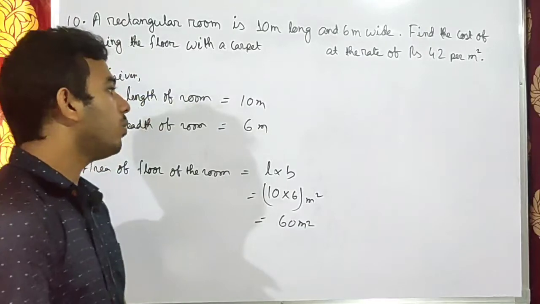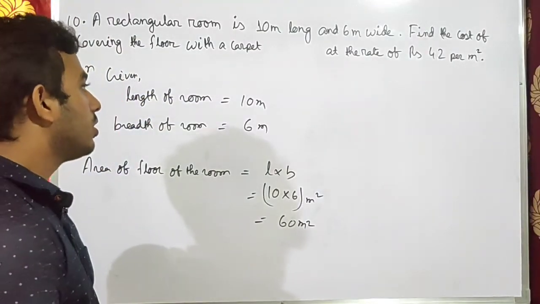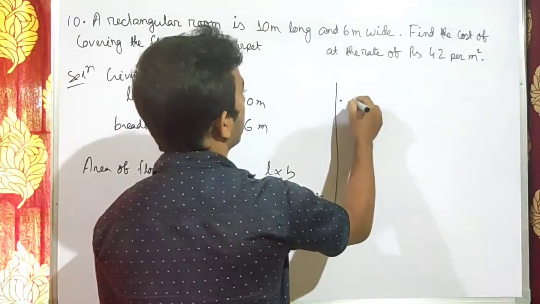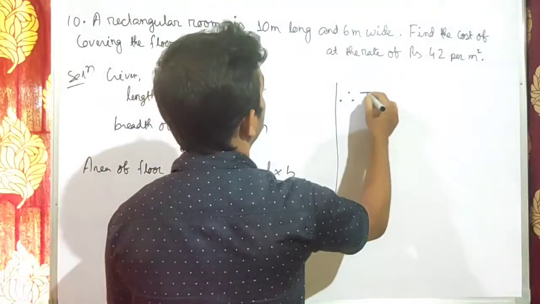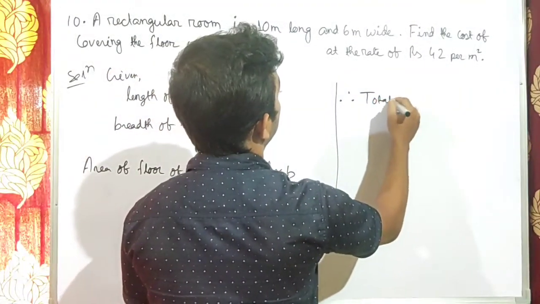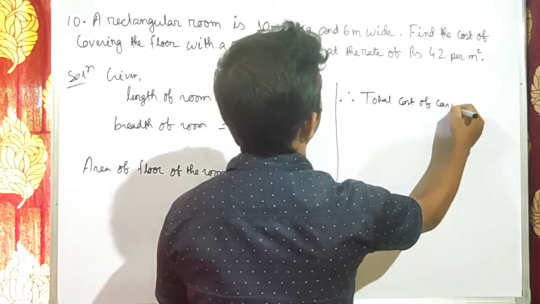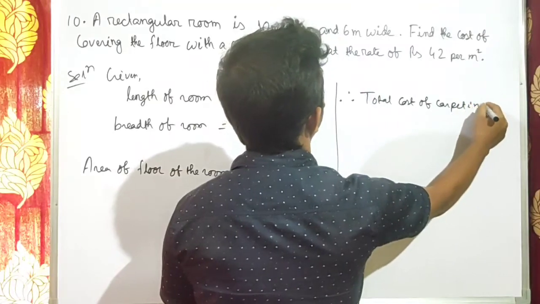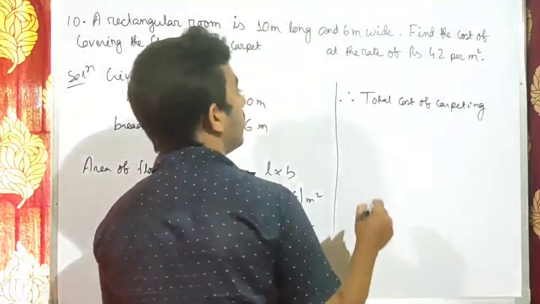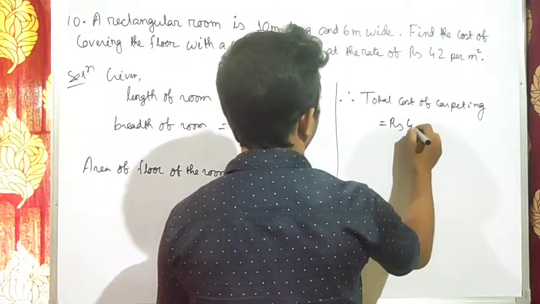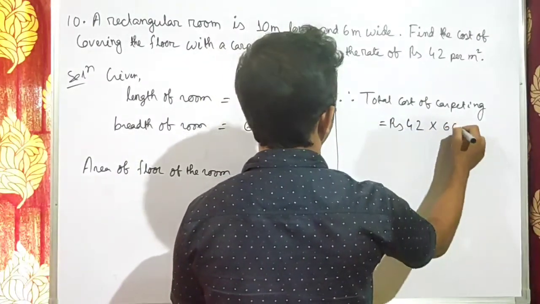So now we have to find out the total cost. What will be the total cost? So we write, therefore, total cost of carpeting equals rupees 42 into 60.